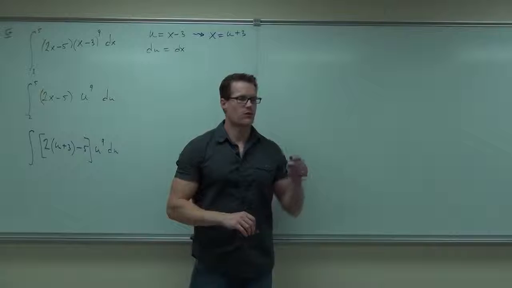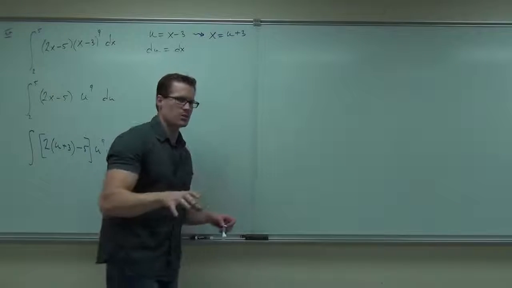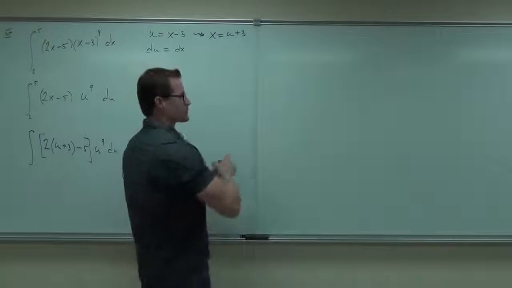So why don't you go through right now and change your bounds for me. I'll do it on the board as you're doing it, but make sure you can do it. Don't just follow what I'm giving you.